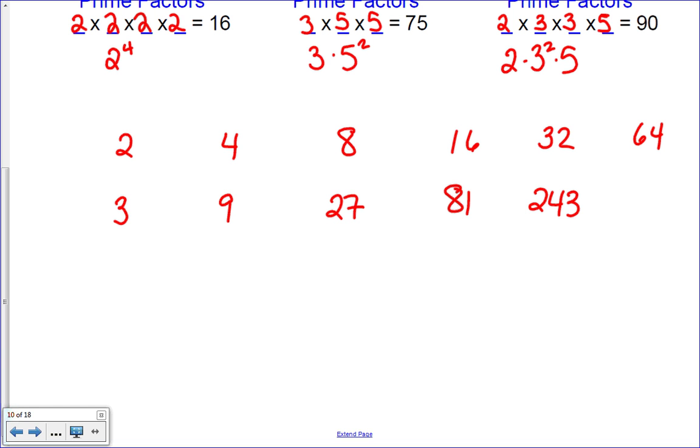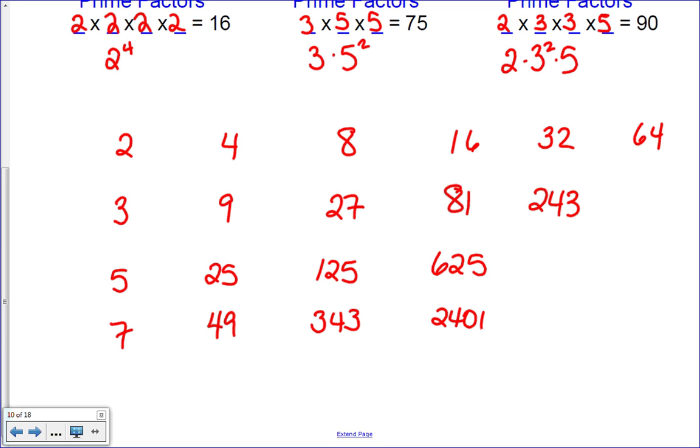Powers of 5: 5, 25, 125, and 625. Lastly, 7, 7, 49, 343, and 2,401.